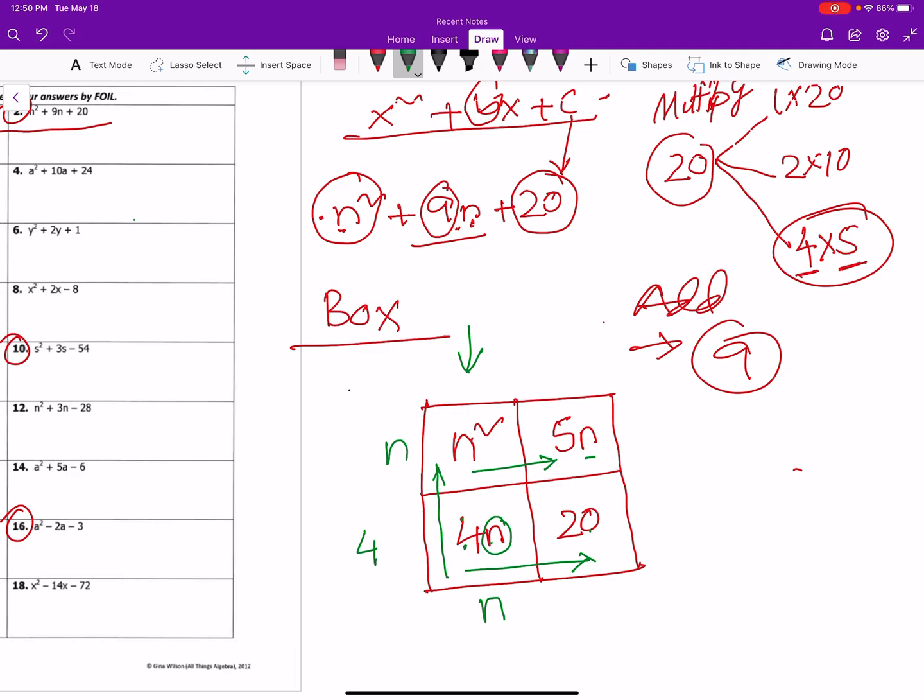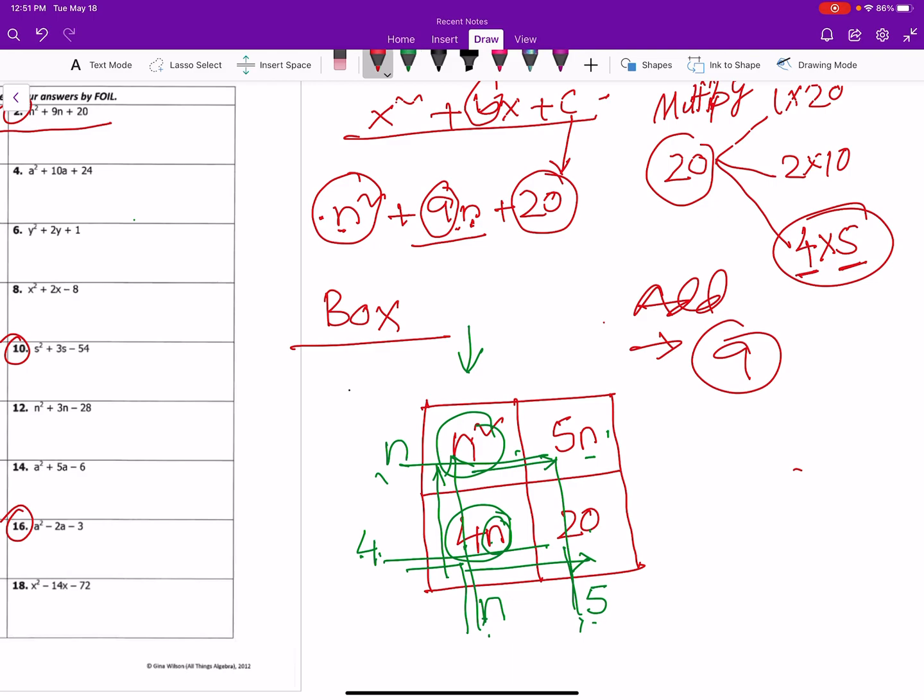Now match: 4 and n multiplied gives you this 4n, and n gives this n squared, so you write it. Now come to this again, 5n and 20. 20 is divisible by 5, so 5 is the GCF, because there is no variable. Now we can check: 5 and 4 makes 20, and 5 and n makes this 5n, so it matches, so you're fantastic.